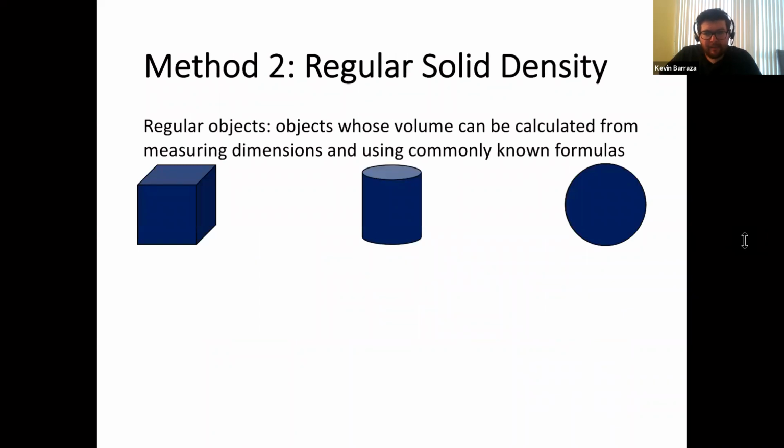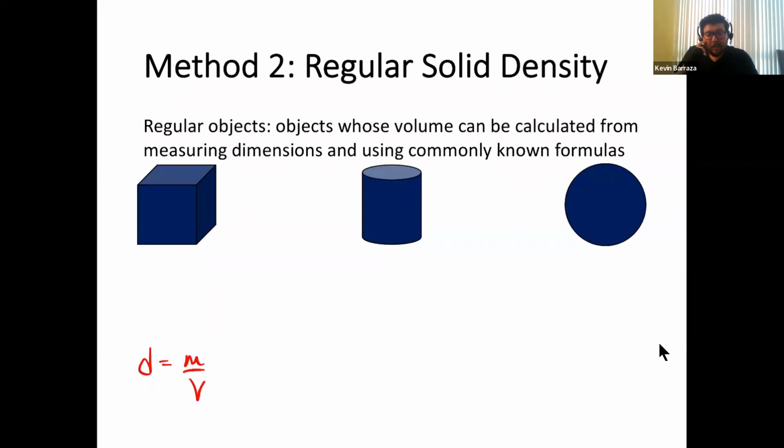The second method is for what we call regular objects, objects whose volume can be calculated from measuring dimensions and using commonly known formulas. So this is important for solids that have regular shapes. We're talking things that are box-like, cylindrical, or spherical, because we need to know density from its mass and its volume.